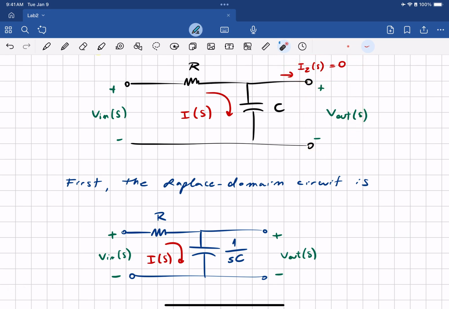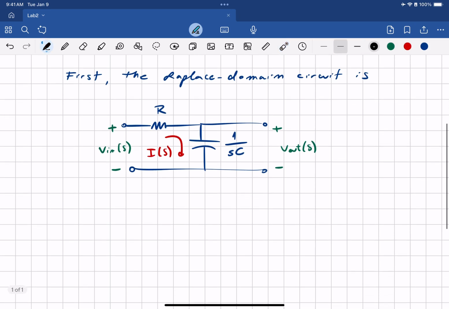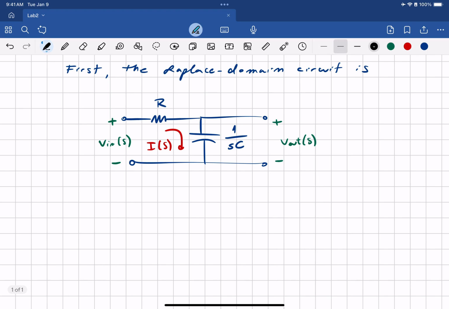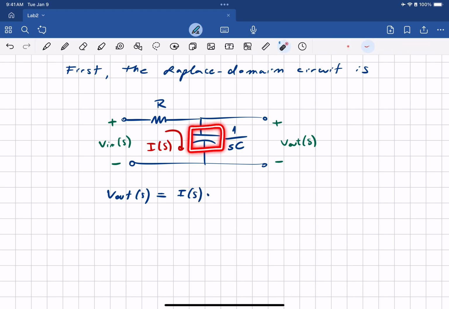This current is 0, so we only have one current. From this circuit, we can say V out of S is simply the current I of S times the impedance related to the capacitor. This current times this impedance gives us this voltage output.